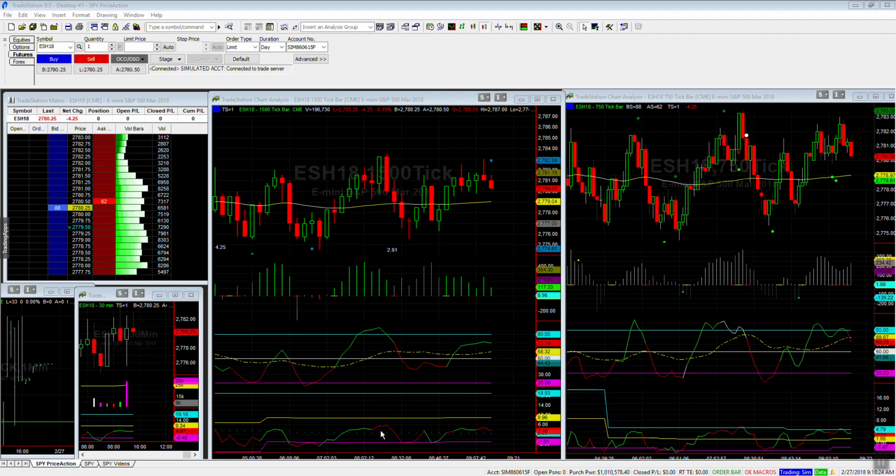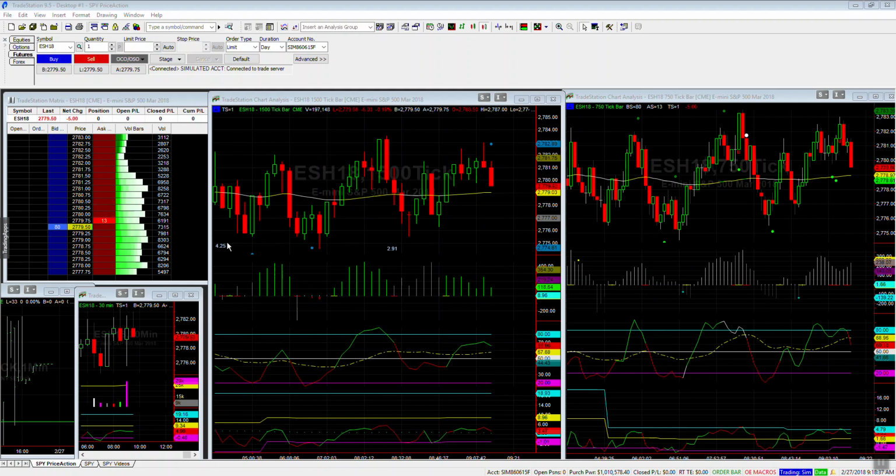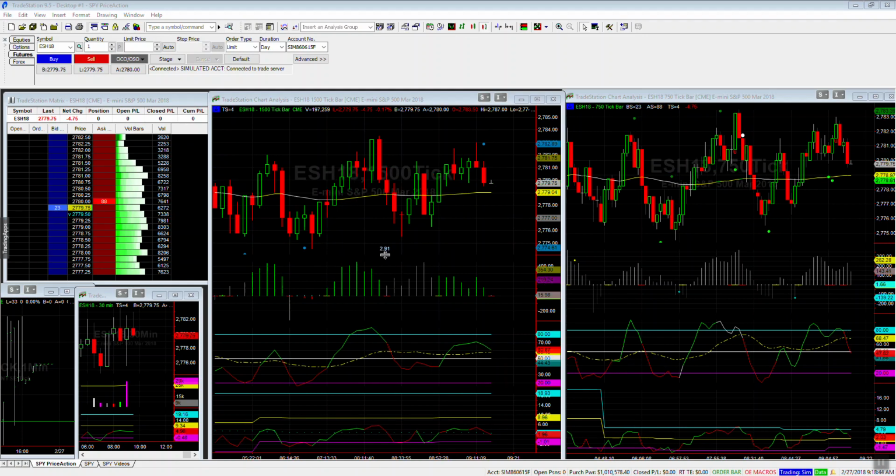Then this one down here is just going to be the range oscillator, and you recognize this as the range points. Well, these range points show up on every bar, whereas on the price line up here, it just shows intermittently, and these are bridged ranges for the bars.